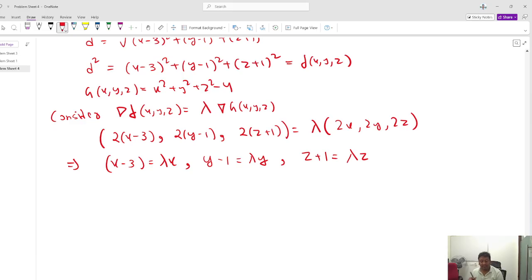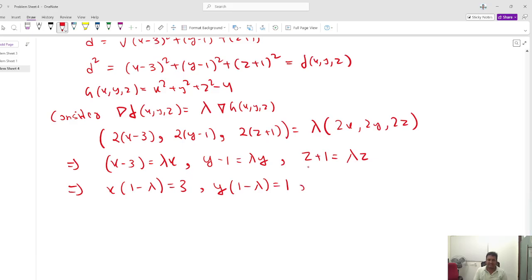So either you eliminate lambda to find x, y, z, or you find the value of lambda and then you can find x, y, z, right? There are only two ways. So let us solve this further. What it will give you is x(1 minus lambda) is 3, and y(1 minus lambda) is equal to 1.